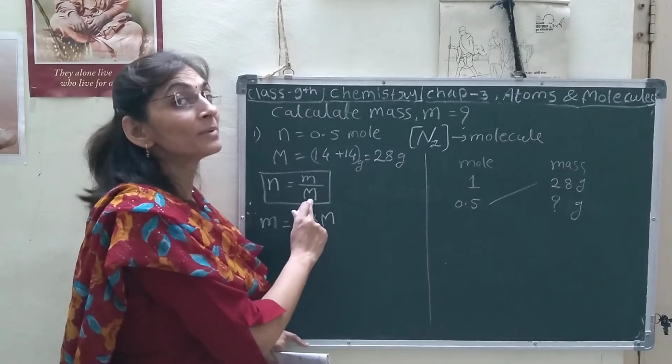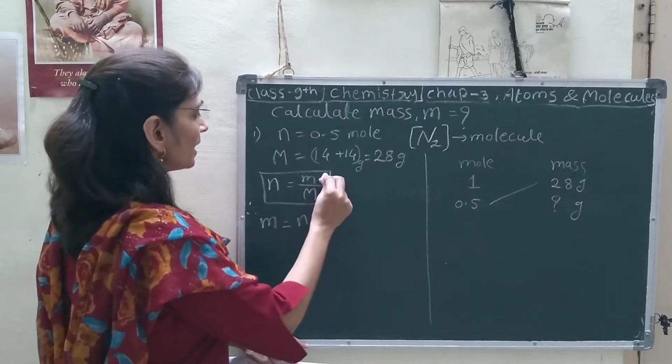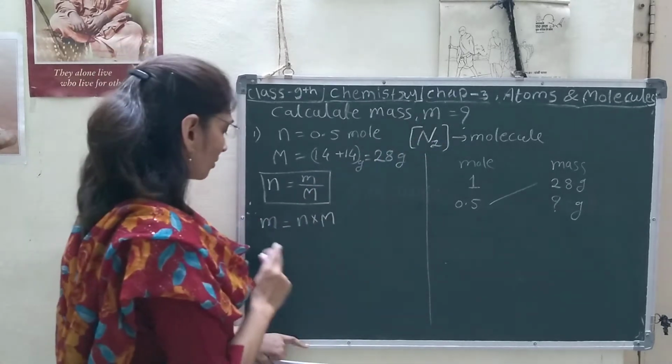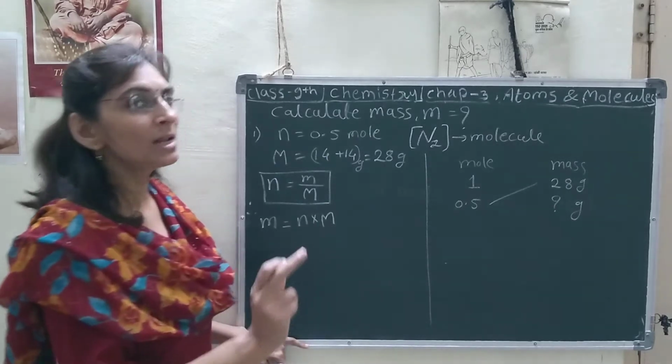We need to calculate small m, so m is equal to n into capital M.